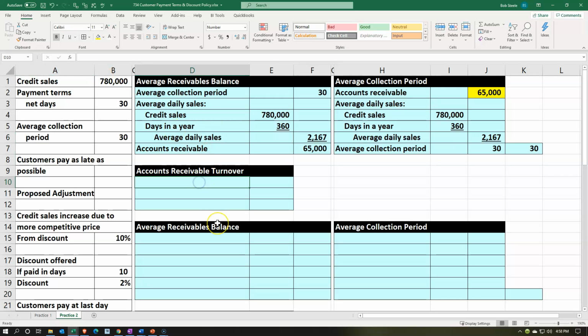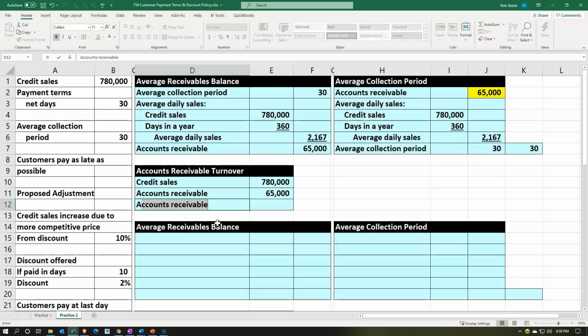Then we can calculate the accounts receivable turnover, which is going to be the credit sales. That's going to be the credit sales up top. And that's the number I want, the word here, and then the number. And then we have the accounts receivable. We just figured accounts receivable being the 65,000.